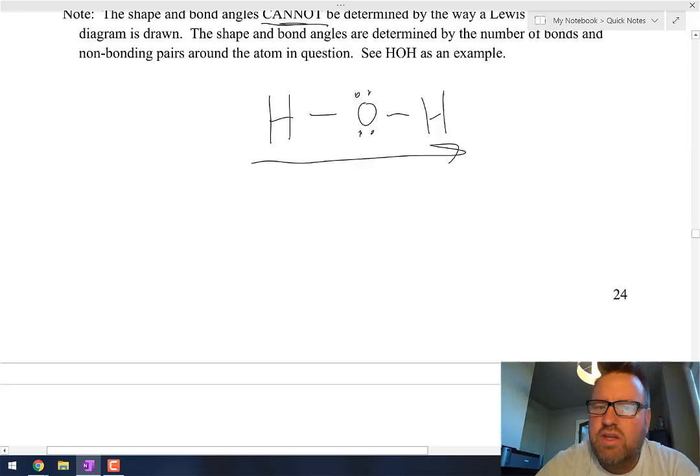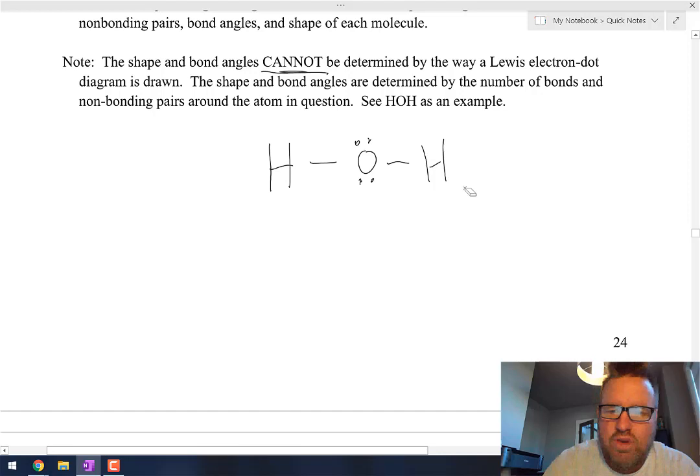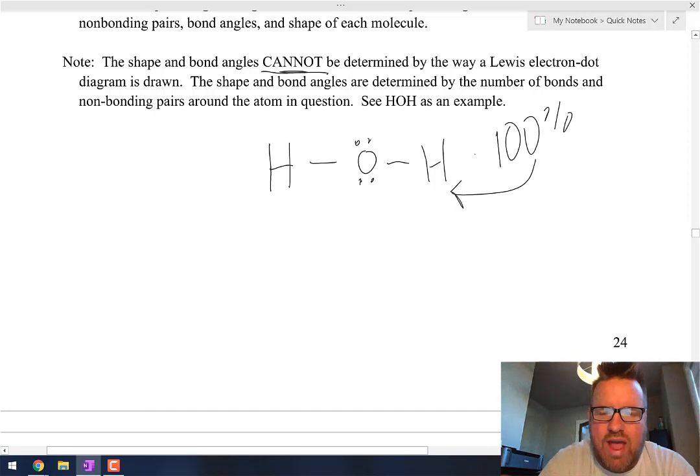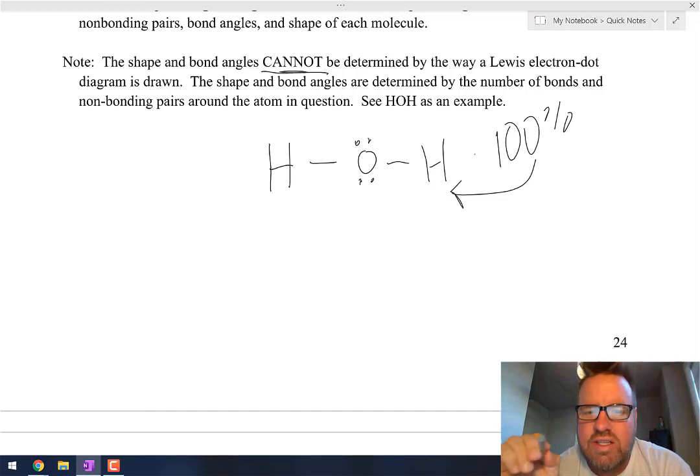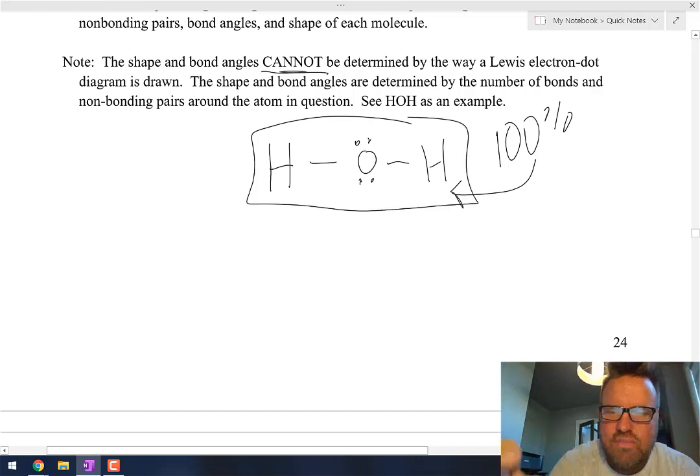Just because you drew it that way, of course, if they say draw the Lewis electron dot diagram of water on the AP test, that is 100% correct. They would absolutely give you credit for that. If they say what's the shape of the water molecule though, and you say linear, you're going to get 0% for that, because just because you drew it like this doesn't mean that's the shape.